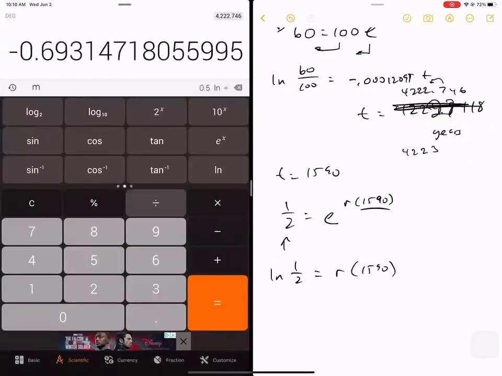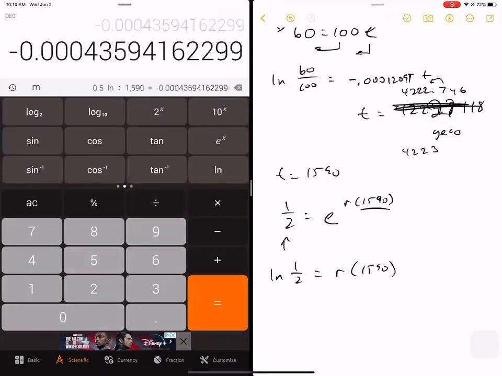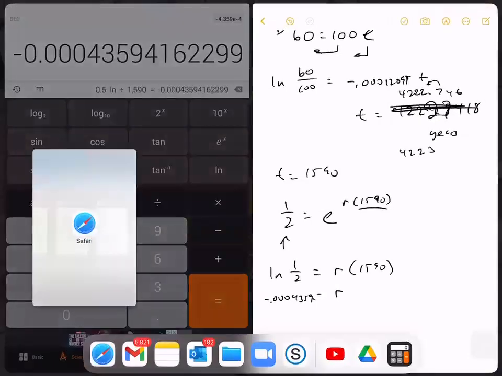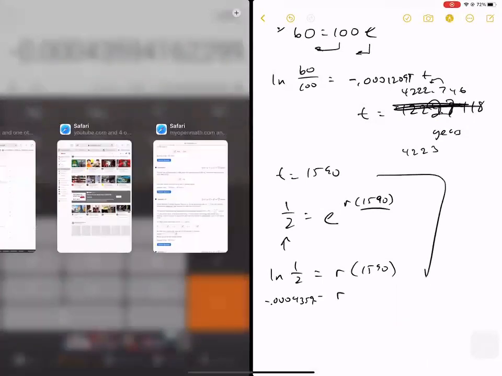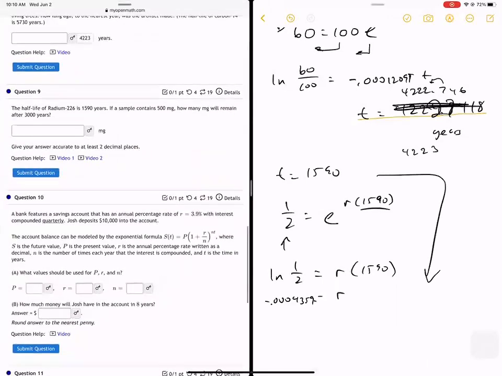Natural log that, and then we divide this by 1590. So the annual rate is negative 0.0004359. We're going to rewrite this problem because they now want to say, hey, the t value is not 1,590 now. We want to say what's after 3,000 years.